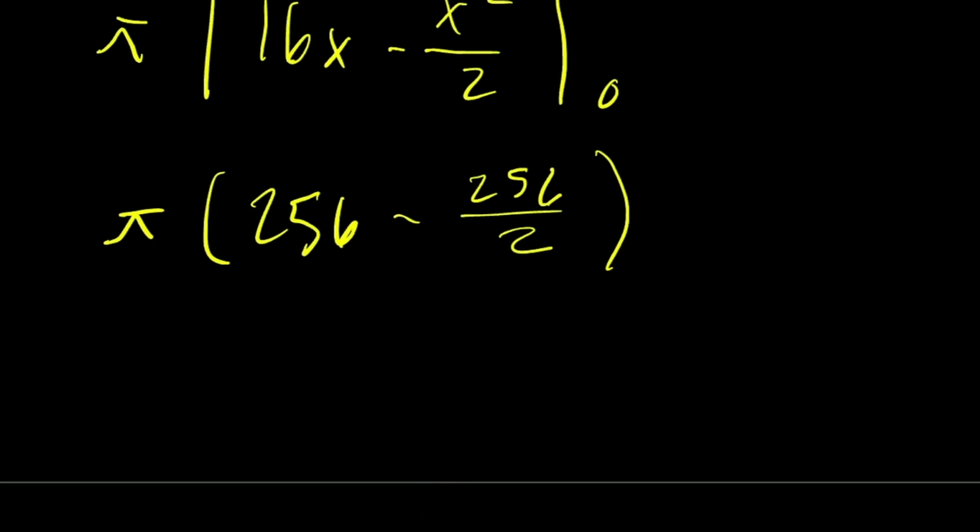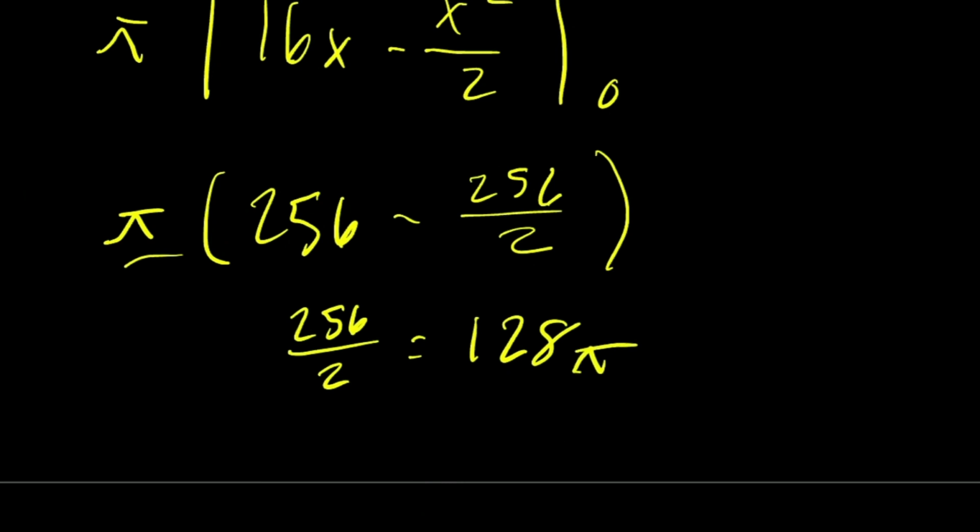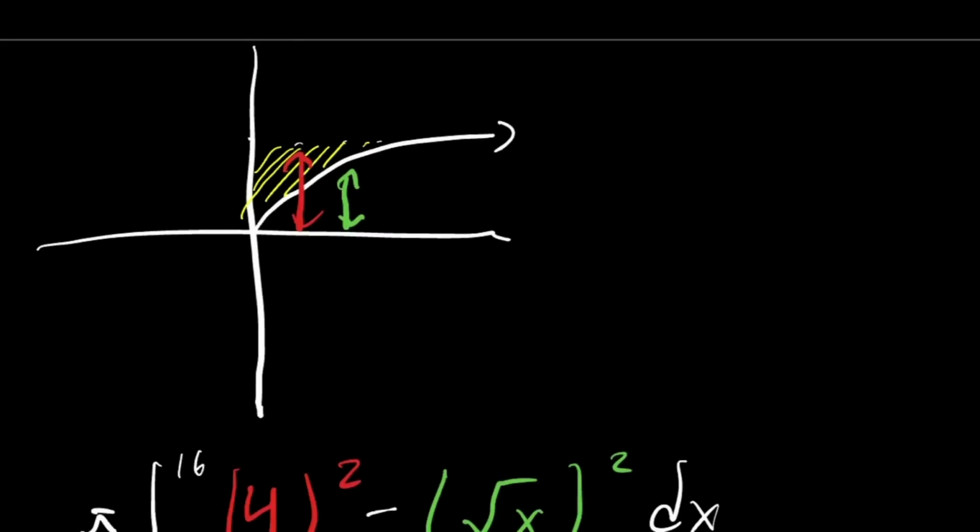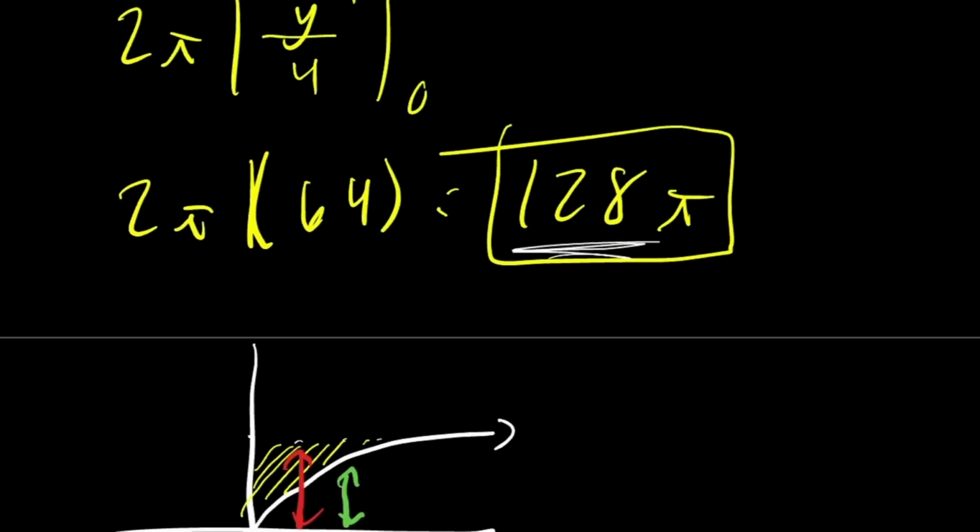So then 256 minus 256 halves is just 256 halves, which equals 128. And don't forget the pi. 128 times pi is our answer. And that is the same as what we got here.